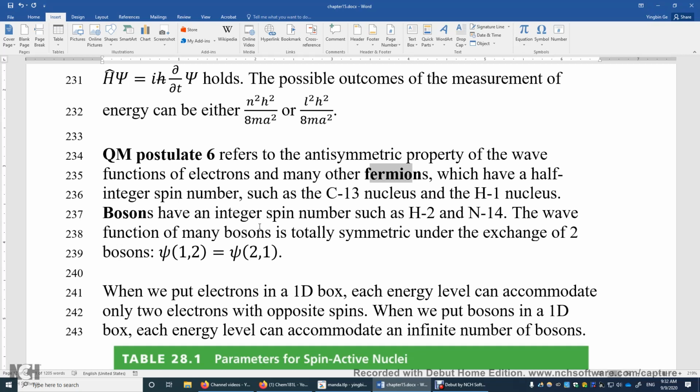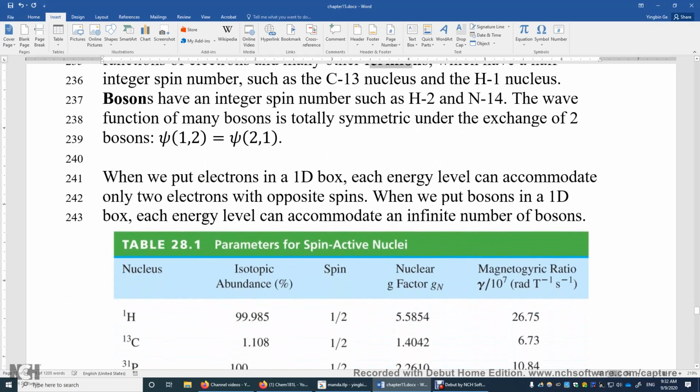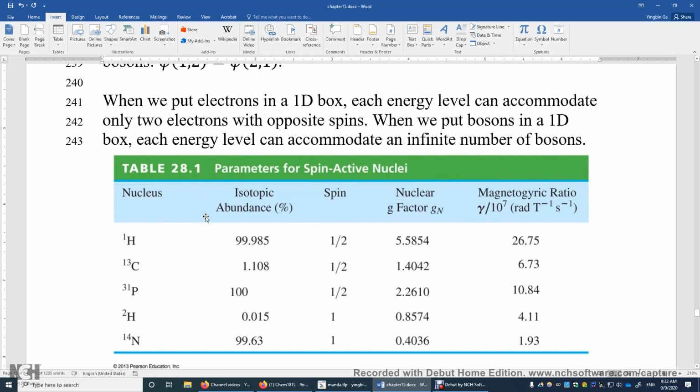That means when we look at the particle in the box problem, we can generate many energy levels, right? n equals 1, 2, or 3, or 4, or 5, etc. In each energy level, we can accommodate only two electrons, one with alpha spin, one with beta spin. That's it. So that's for fermions, such as electrons. What about bosons? Okay, we can put any number of bosons in any energy level.